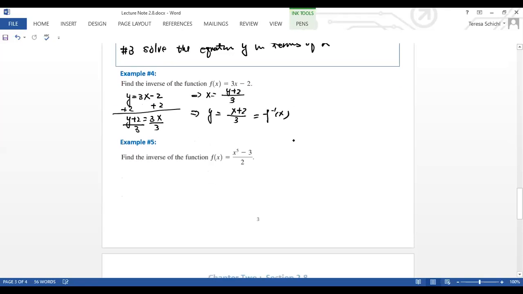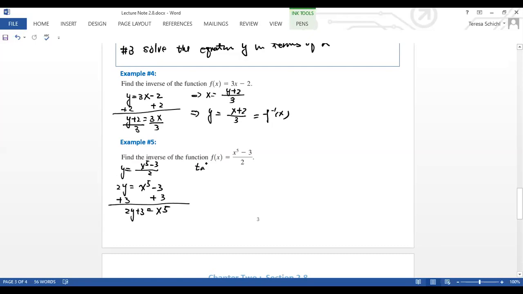So this is my f inverse of x here. Okay? All right, now let's take a look at the next one. The next one is the same thing. I say y equal to 2x to the fifth minus 3. Solving for x, okay, times 2 on both sides, right? So this is 2y equal to x to the fifth minus 3, plus 3 on both sides. So this is 2y plus 3 equal to x to the fifth.